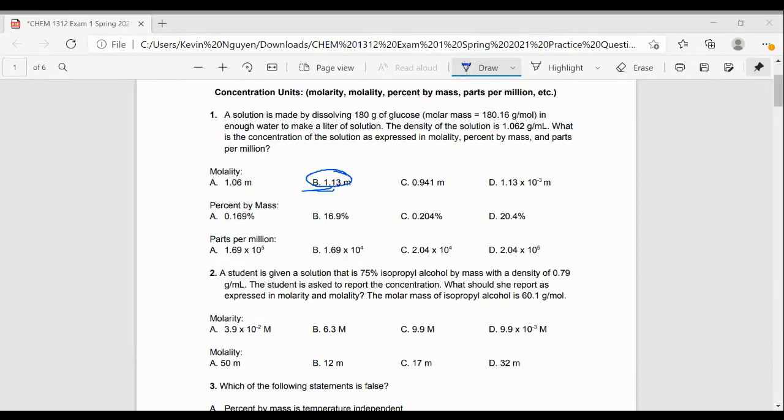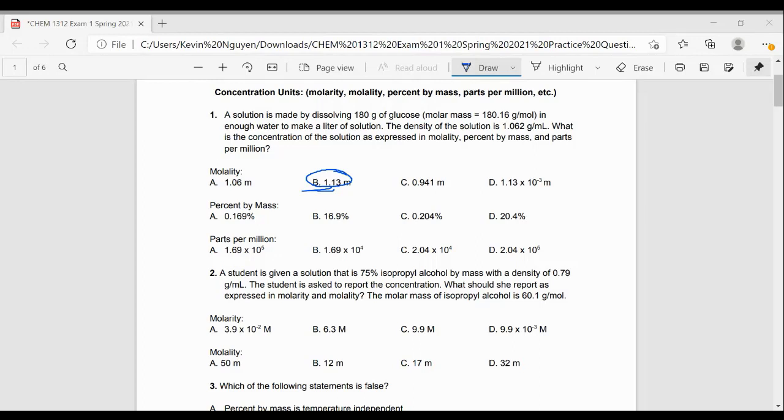We should get 1.25 moles of isopropyl alcohol. So we have the top part of the fraction, which is our moles of solute. Now we need to find our liters of solution. We said that we have 100 grams of our solution.